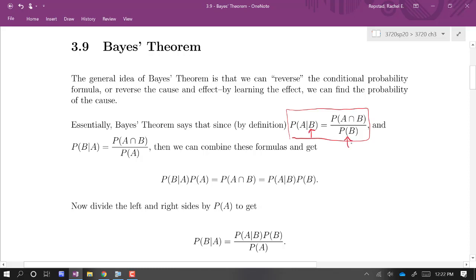But if I reverse the roles of those events, the probability of B given A is the probability of their intersection divided by the probability of A, because in this case I'm making A the new smaller sample space. Now this gives us two different-seeming formulas for finding the probability of A intersect B.